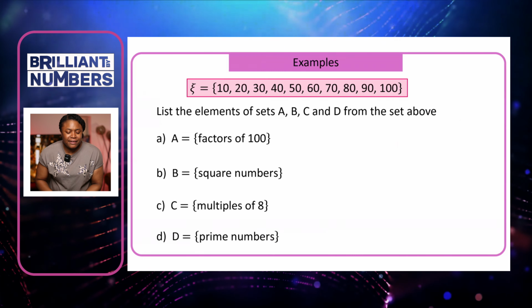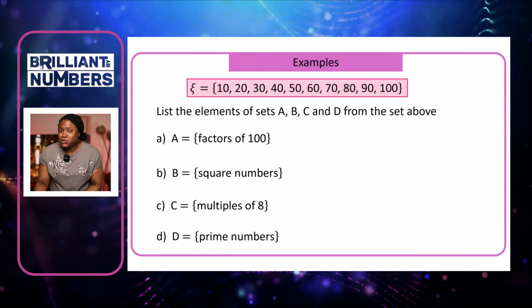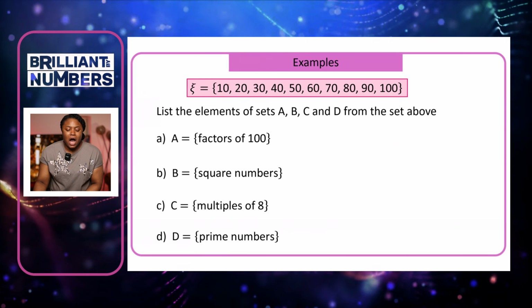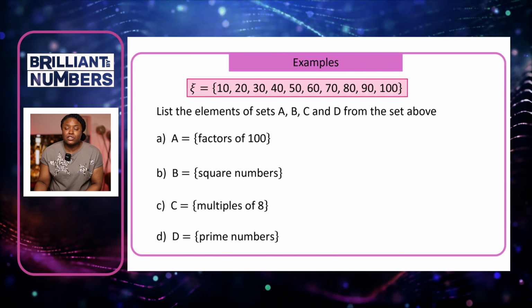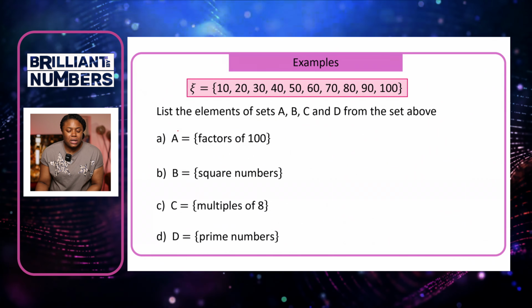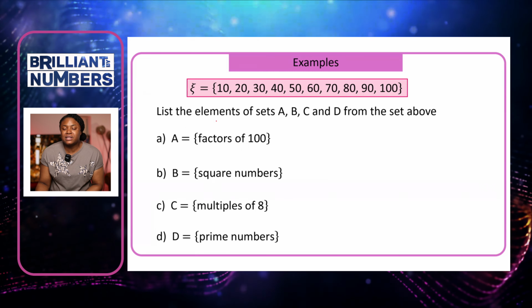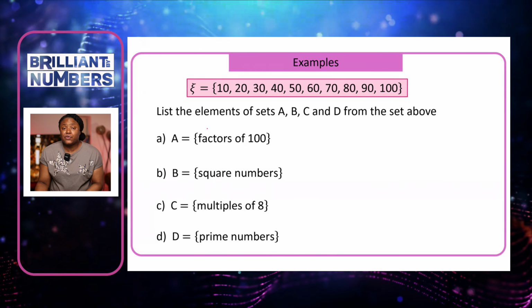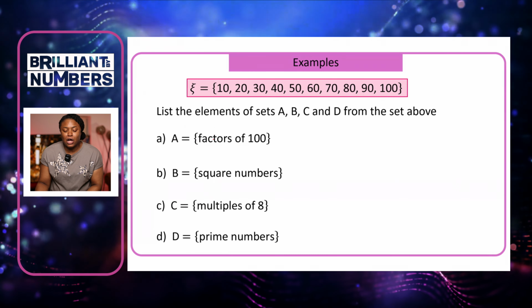Okay, so we're given the universal set here and we're told that the elements or members of this set are 10 to 100. Now we've got some questions to answer from the universal set. We are asked to list the elements of sets A, B, and C from the set given above. The first question says A is the factors of 100.